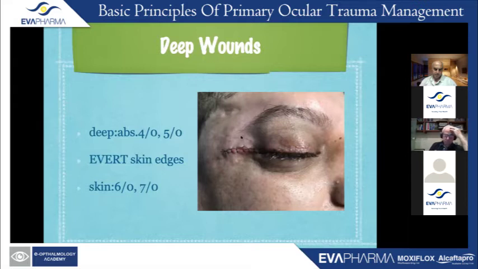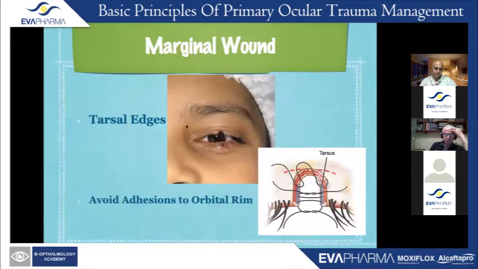As for example, this wound, this patient had surgery before here, and the wound is closed with a very bad technique, so you can see a very bad scar here. And of course, the deep tissues were not closed. So the deep tissues, you can use 4-0 or 5-0, and the skin you can close with 6-0 or 7-0. So let us go to the tarsus.